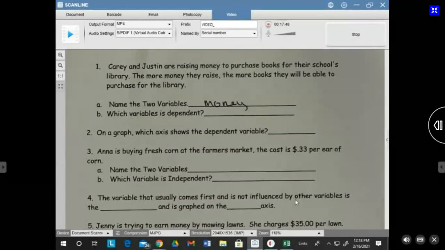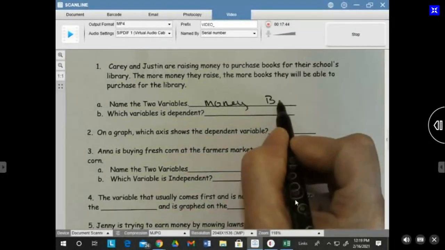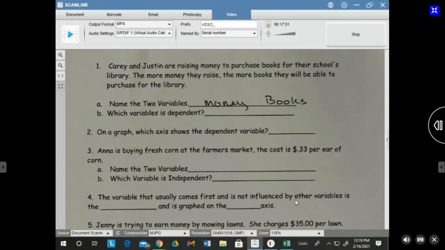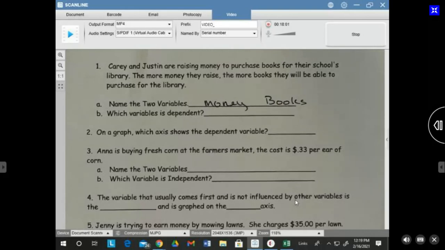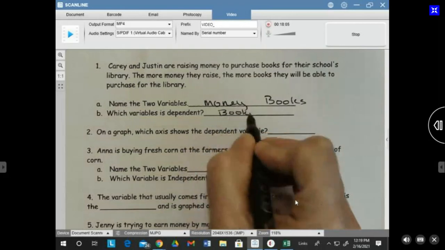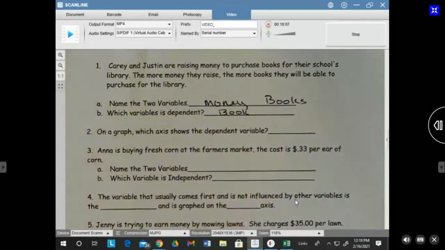More books. So the more money, the more books. So what's going to depend on what? The more money they make, the more books that they buy. Who is dependent? Good. Number of books they buy is going to depend on how much money they make.